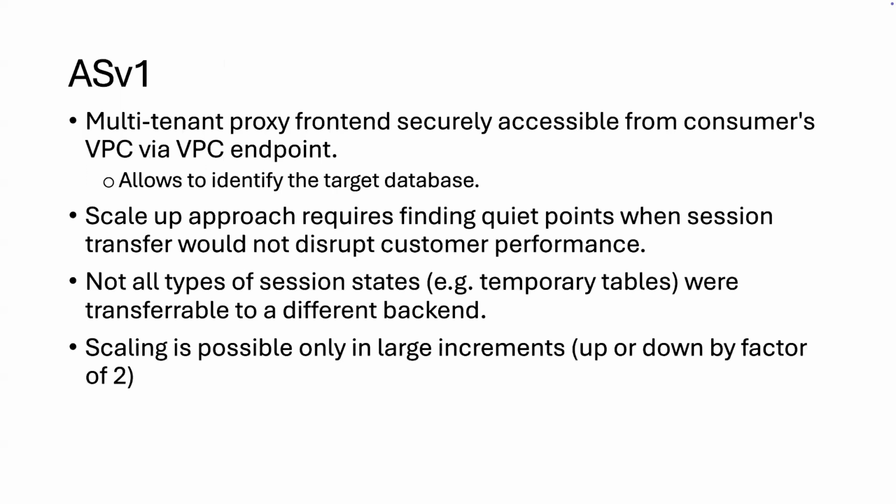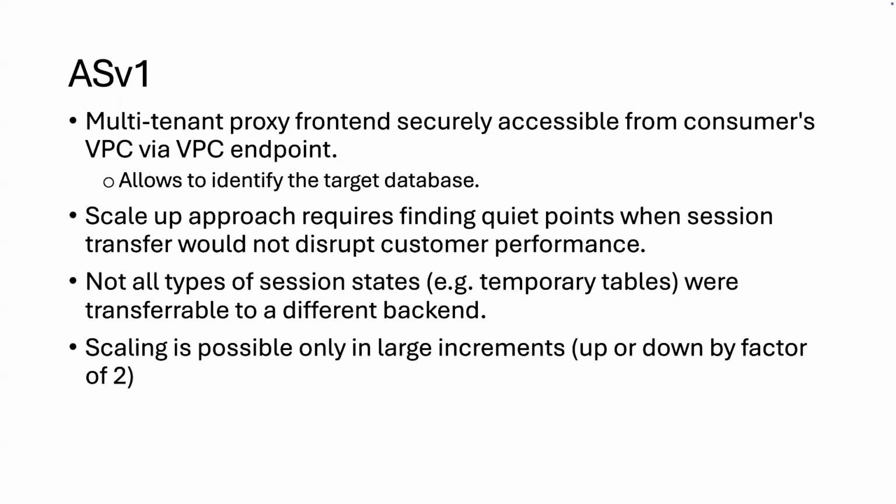Just before we talk, I will give a brief history of how Aurora Serverless V1 was implemented. The V1 version was implemented as a multi-tenant proxy frontend, which consumers connect to, and this proxy helps identify the target database.